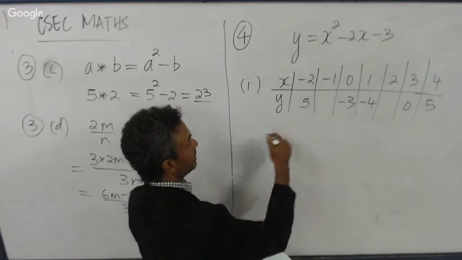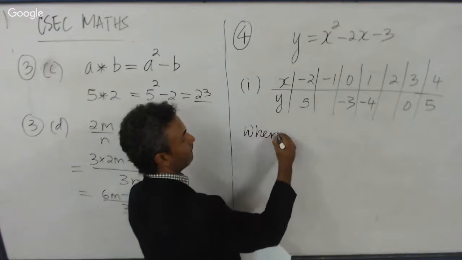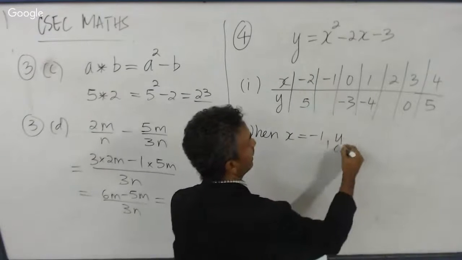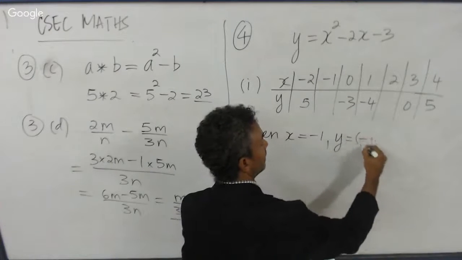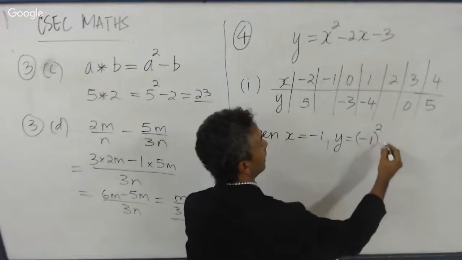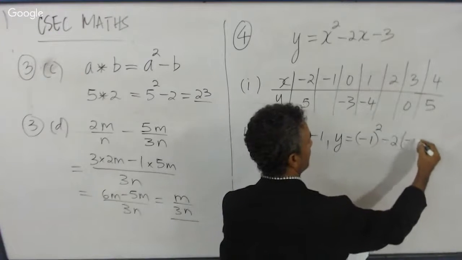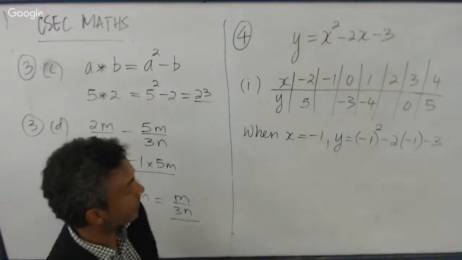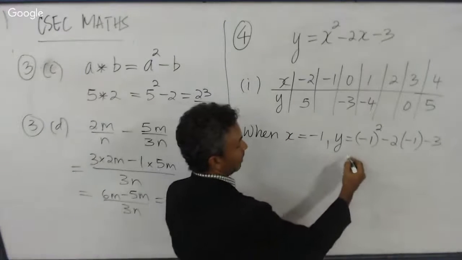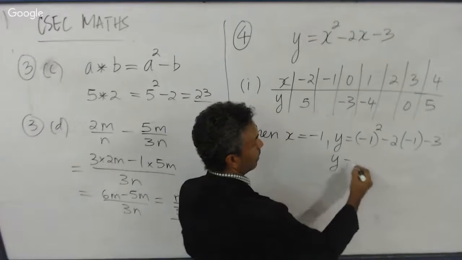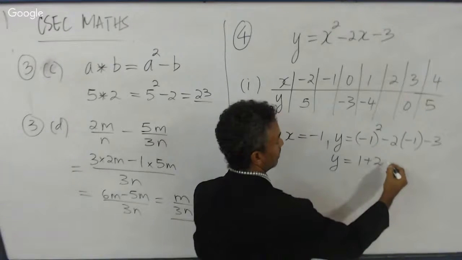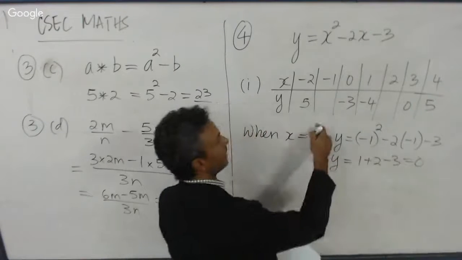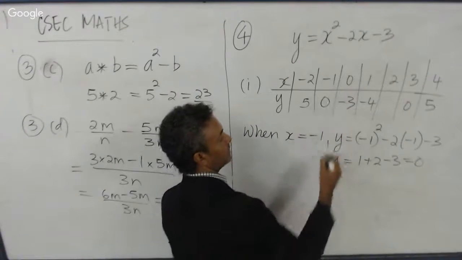So when x is -1, you want to find the value of y, so you substitute in. y equals -1 squared minus 2 times -1 minus 3. So what you end up getting is 1 plus 2 minus 3, which is 0. So when x equals -1, y equals 0.